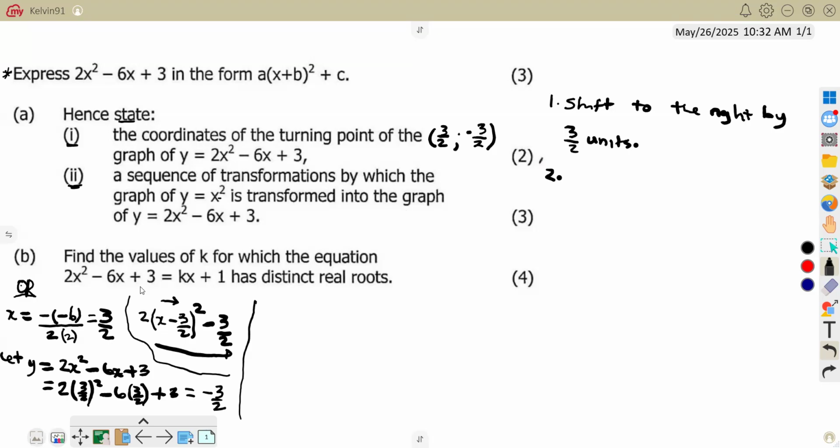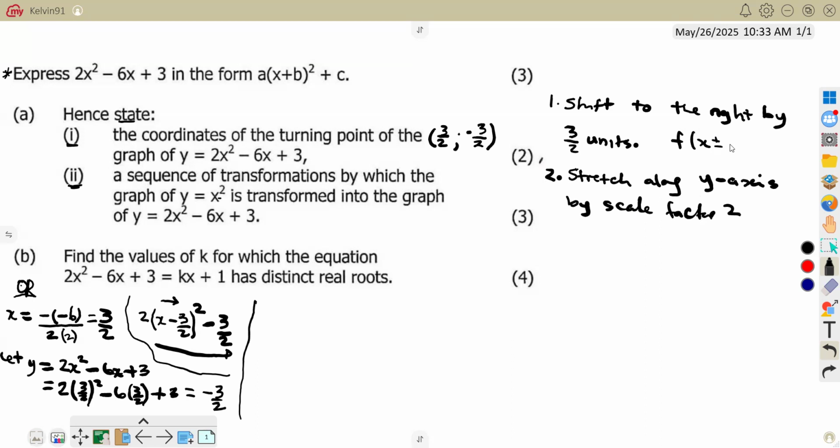The 2, which is that A, shows a stretch along the y-axis by scale factor 2.